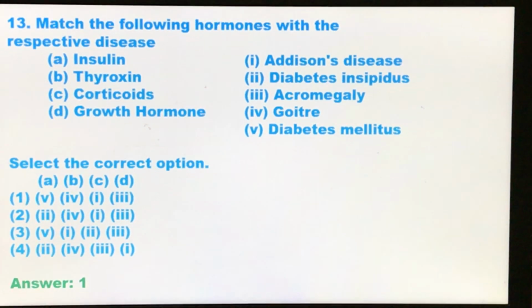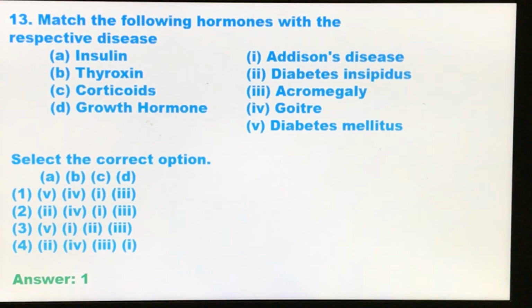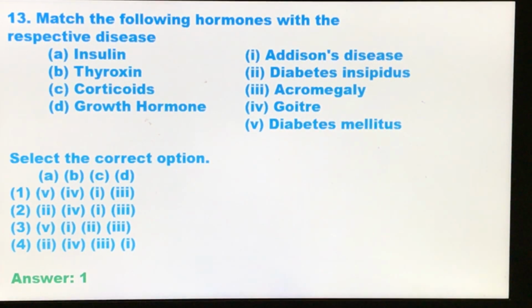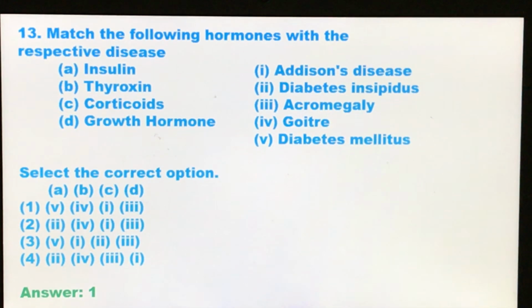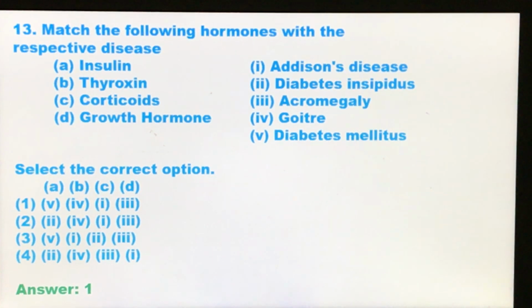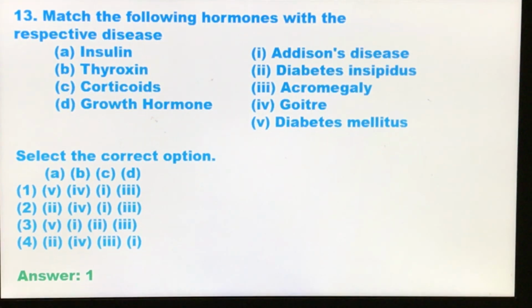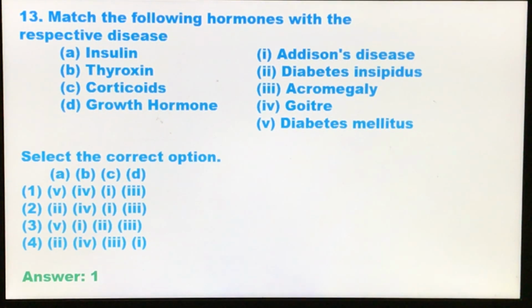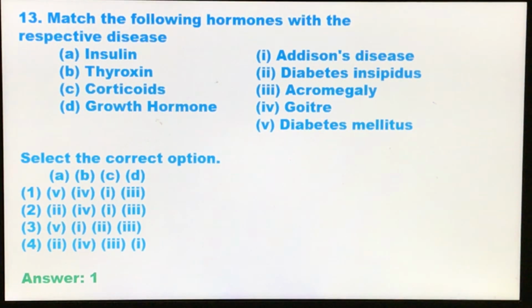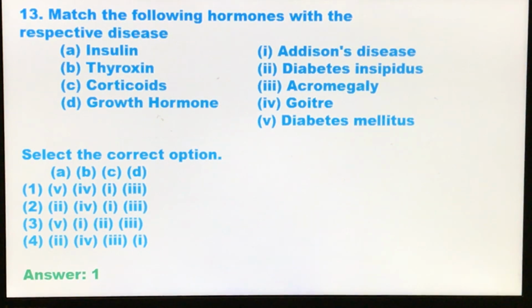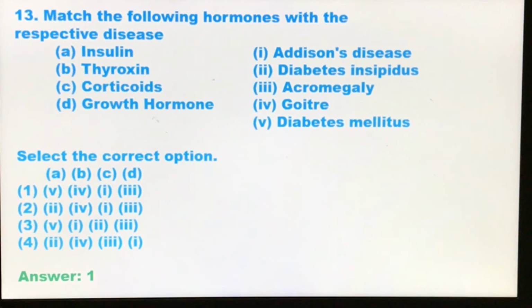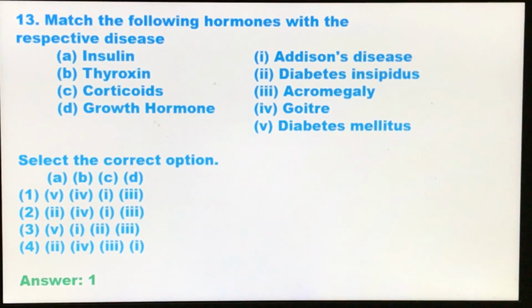So now the correct option is, and initially, the deficiency production of insulin leads to a condition that's called diabetes mellitus. Now insulin is generally required to allow the glucose, the sugar that's present in the blood, to be utilized by the cells.